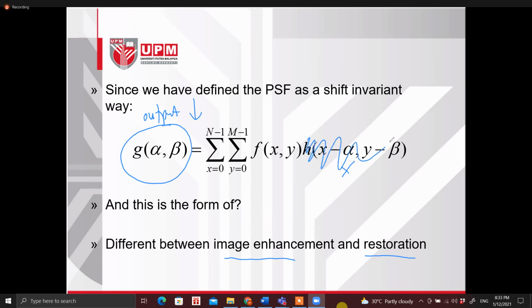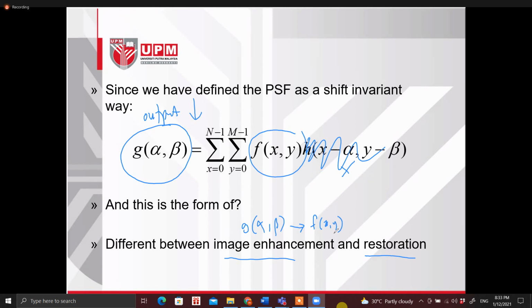You have the output image and you want to get to the original image or close to it. So in image enhancement, you just get the output image and you want to get as close as possible to the input image.